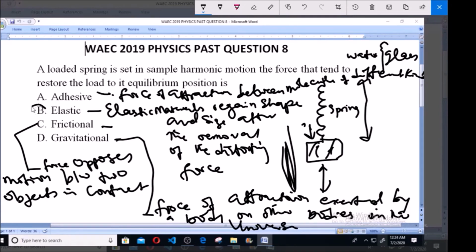So from here you can easily see that the elastic force is actually the force, because it is the one that makes a spring regain its shape once you remove your hand after pushing this down. So that makes option B the right answer.